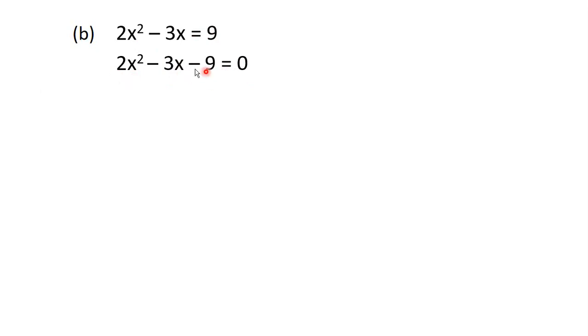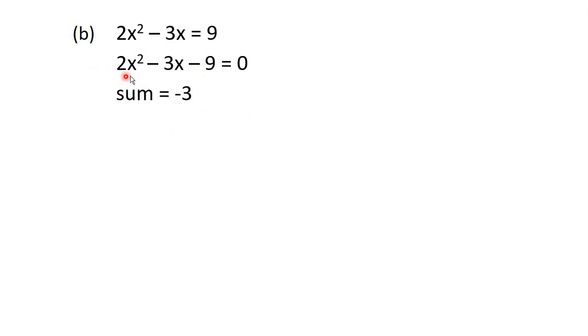So we have now written this equation in the form ax squared plus bx plus c. The coefficient of x is negative 3, so the sum is negative 3. For the product, we get a times c. The coefficient of x squared is 2 and c is negative 9.